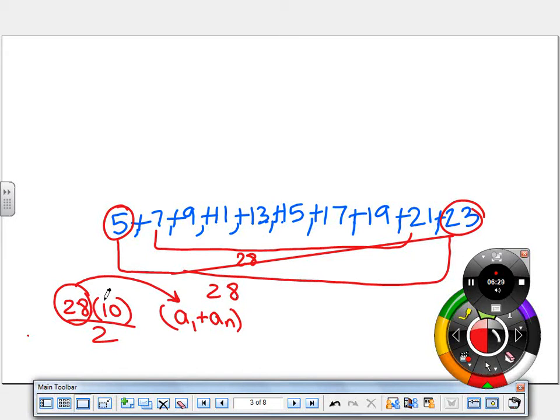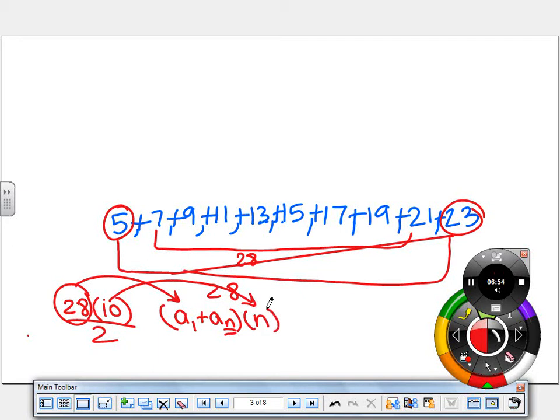Where was the 10 coming from? Good. The number of terms that I was actually looking for, which, remember how I just said that could have been 10 because we were using 10 terms? This is the number of terms, which should match your n value. So if I was not going to say the number of terms in words, I would use n to represent that.